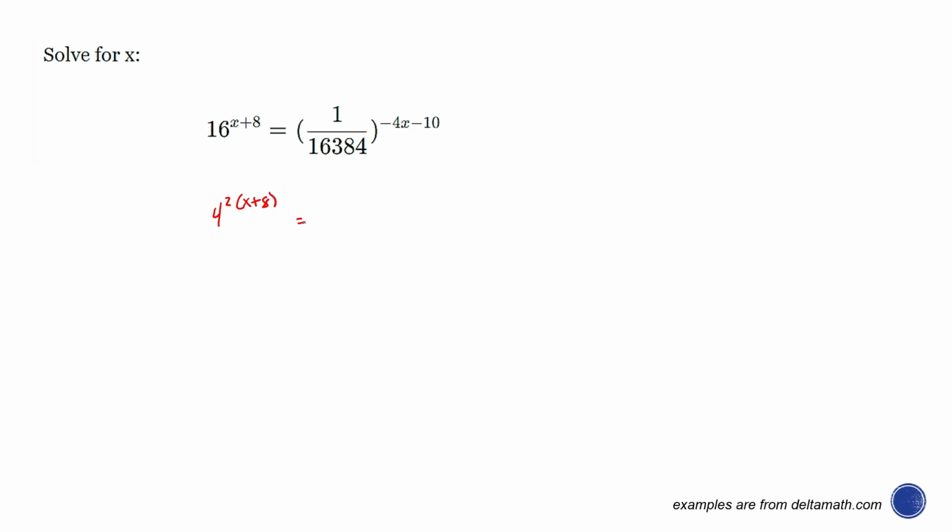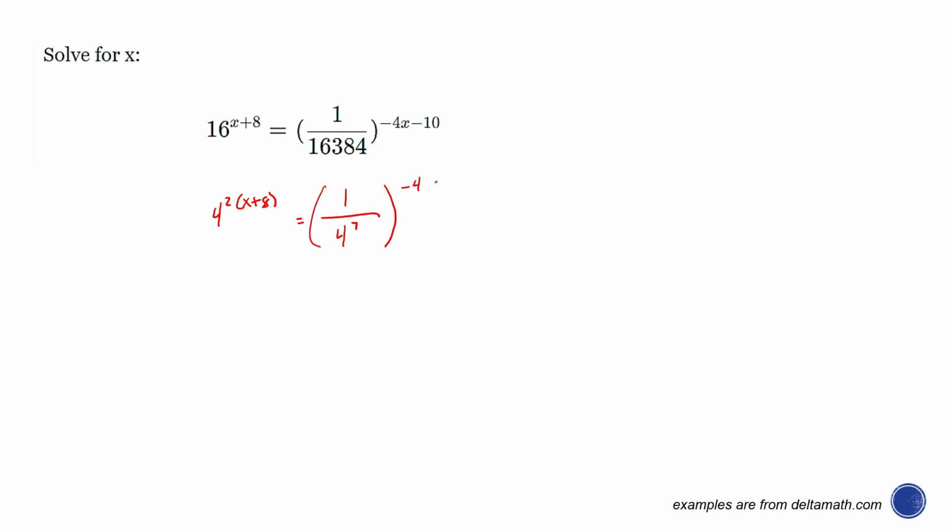So that's 4 squared raised to x plus 8. And then that 16,384 is, let's see. Okay, it's 4 raised to 7. So this is 4 raised to 7.